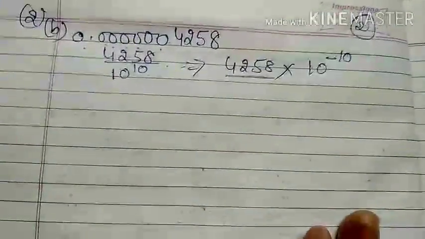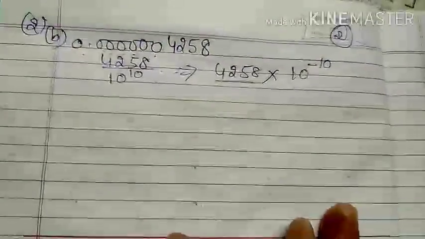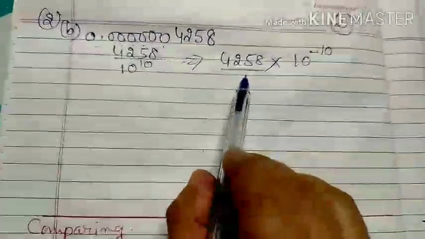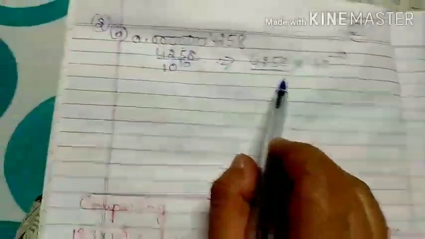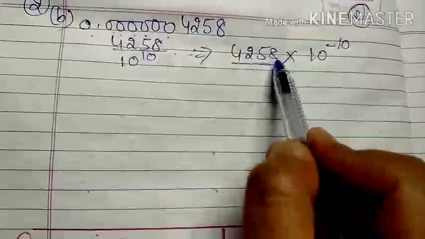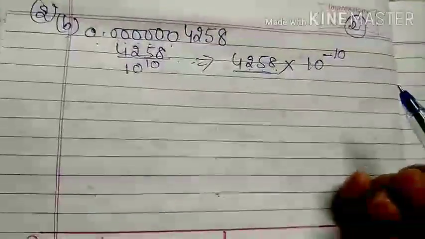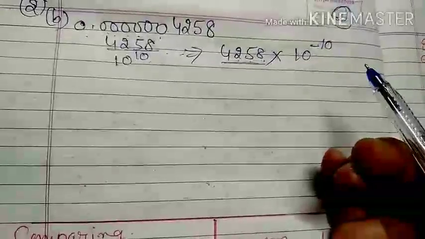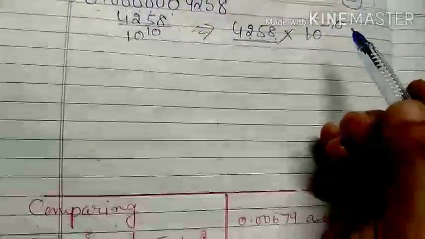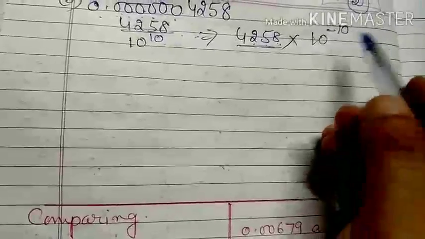Now I need only one digit before the decimal sign, and the rest of the digits should be kept after the decimal sign. So first I will count how many digits I have to keep under the decimal. I will count from the right side, 1 2 3. I want to keep only 3 digits under the decimal, because there is a condition that only one digit should be left before the decimal.